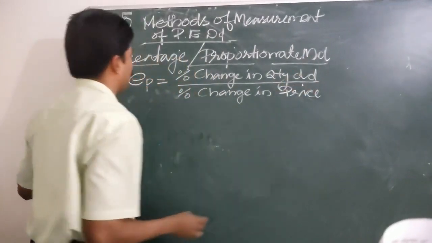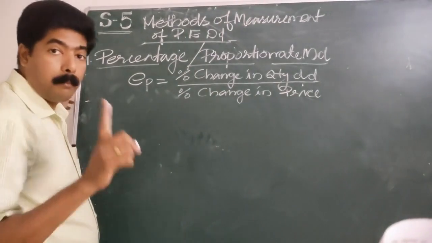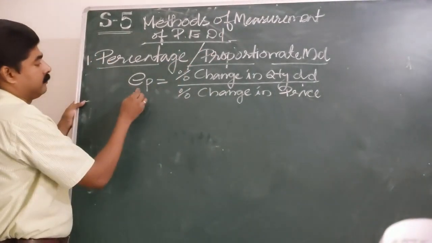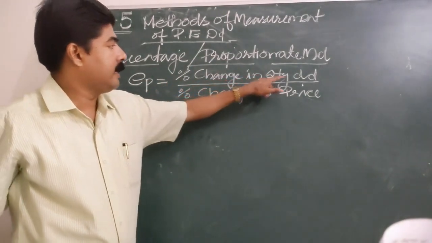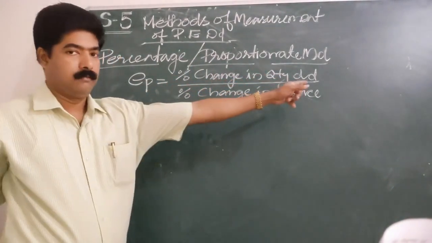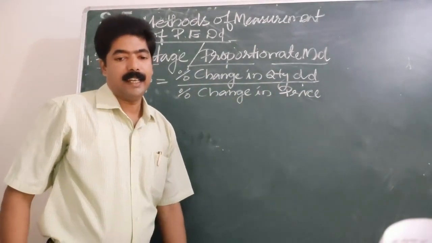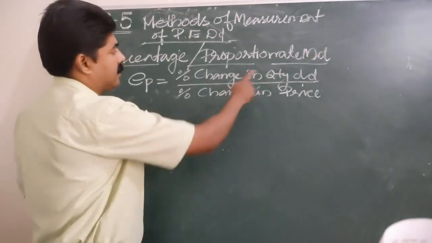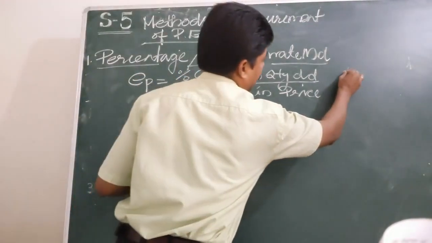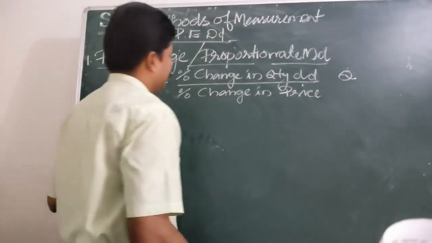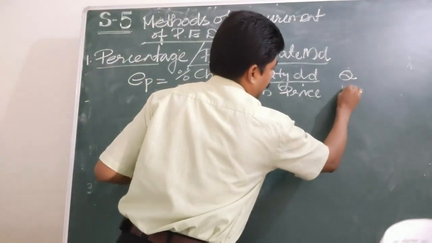You can note it down. This is a simple formula to calculate price elasticity of demand by percentage method. For quantity changes, we note the letter Q, and for price changes, we note the letter P.